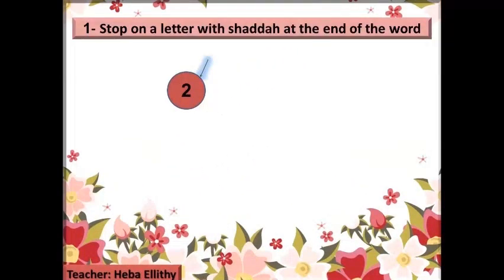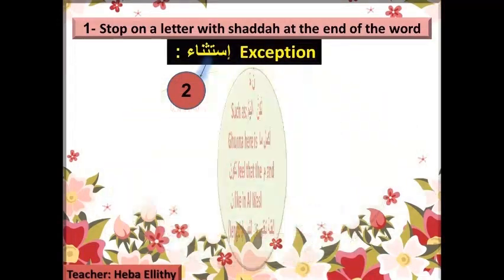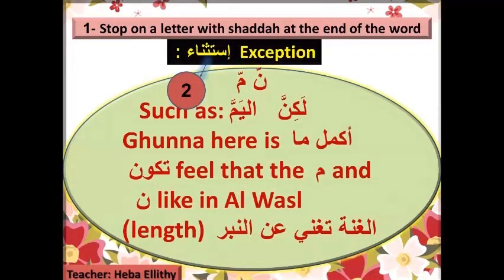Second exception here, the noon and the mim shadda. Why don't I make nabr on the noon and the mim shadda? Because the غنة here is أكمل ما تكون, which means the longest غنة in the Quran. Feel that the meem and the noon, like in الوصل, in connecting, it's like when I stop.